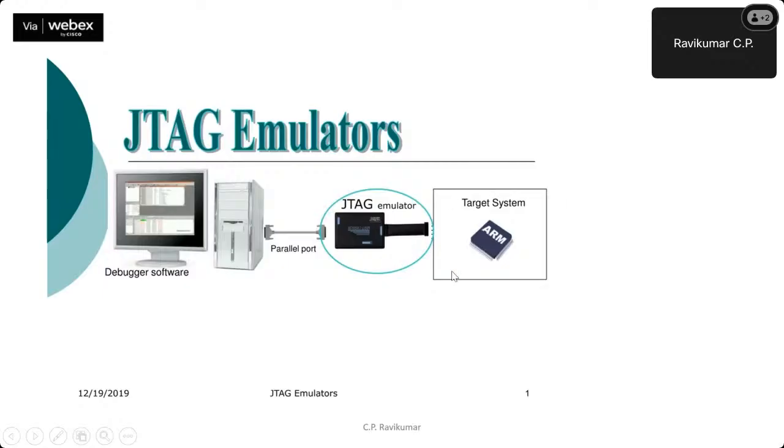The MSP 430 Launchpad and Raspberry Pi are very cheap, maybe less than $20. So there is an emulator which is already in the chip, and here we have shown a parallel port being connected to the JTAG emulator. But in a low cost system, it may be a USB port, or a serial port. It will be slow, but many times that is more than enough for the applications that we are using.